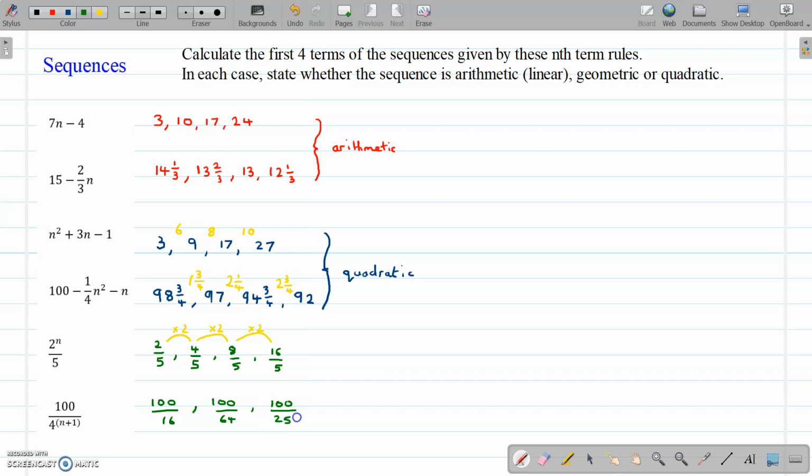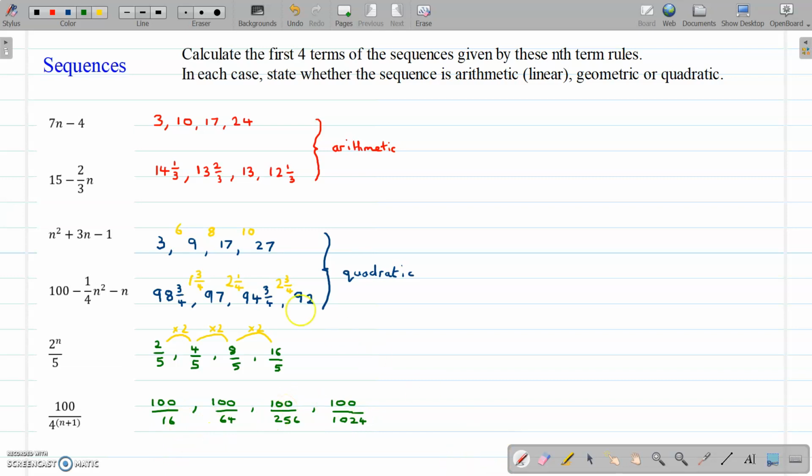And the last term, the fourth term rather, because of course there could be many, many more, is 100 over 4 to the power of 4 plus 1, which is 4 to the power of 5, and 4 to the power of 5 is 1024. So it's 100 over 1024.